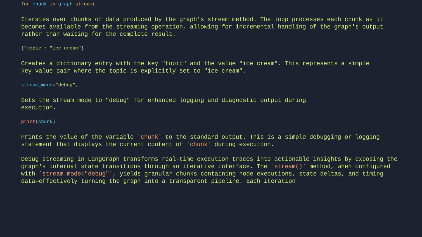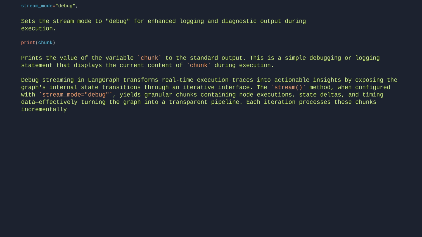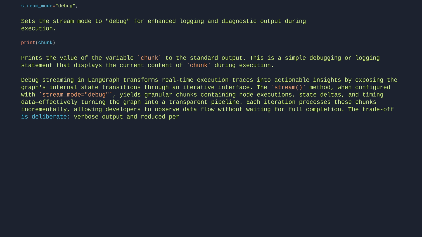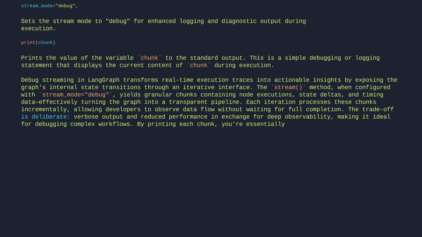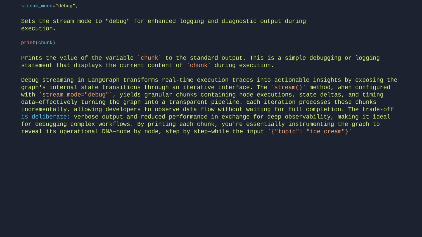Each iteration processes these chunks incrementally, allowing developers to observe data flow without waiting for full completion. The trade-off is deliberate: verbose output and reduced performance in exchange for deep observability, making it ideal for debugging complex workflows. By printing each chunk, you're essentially instrumenting the graph to reveal its operational DNA, node by node, step by step, while the input, topic, ice cream, serves as the test case driving this visibility.